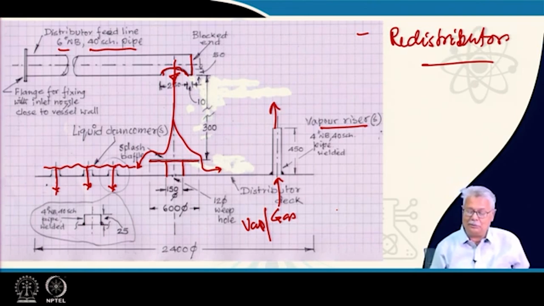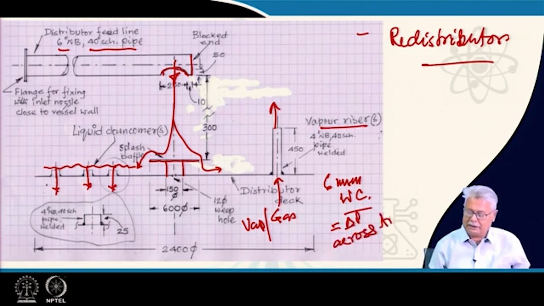I will add only one thing, the pressure drop in your gas line here is typically taken as 6 millimeters water column, equal to delta P across such a tray. It is a distributor tray. So, below this, if it has to fall, then it falls on the packing, definitely it does, and the gas gets collected.